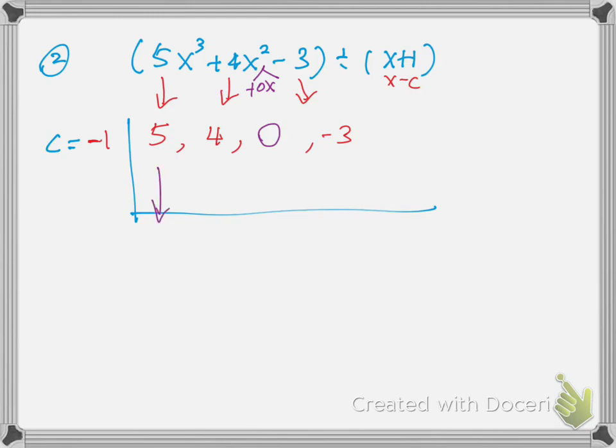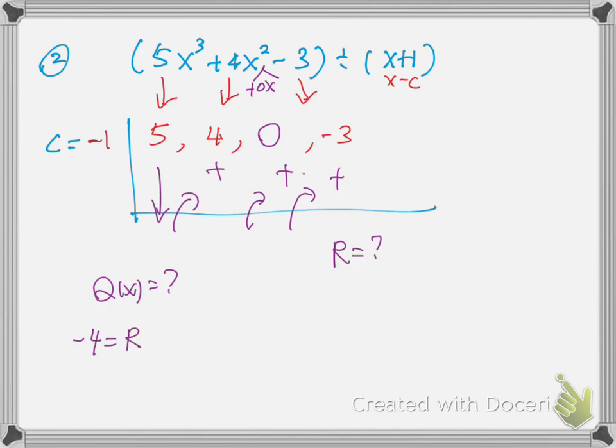Okay, that's how we start synthetic division. And then you move down, add, multiply, add, multiply, add, multiply, add. You get the remainder and the quotient. I will just tell you the answer, it's a practice. So r is -4, and then the quotient is 5x squared minus x plus 1.